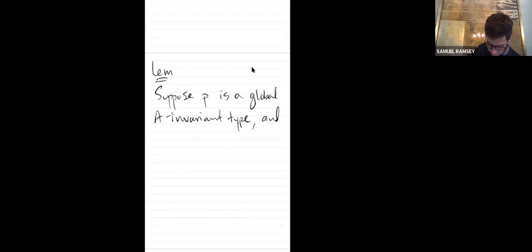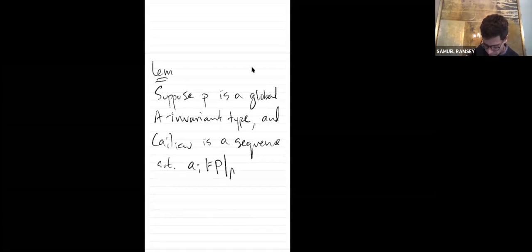And (a_i), i less than omega, is a sequence such that a_i realizes P restricted to A a_{<i} for all i less than omega.